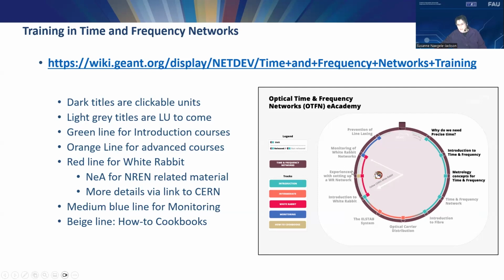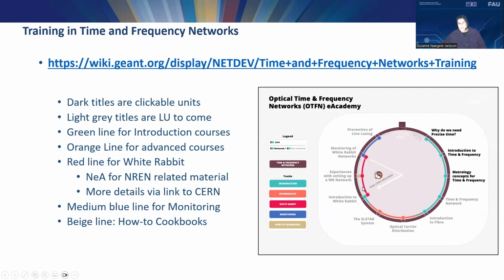Here we also have something that's a new thing called a how-to cookbook, where NRENs explain, in our case SIGT, how to work with White Rabbit networks, what to experience and what you have to do to set it up.